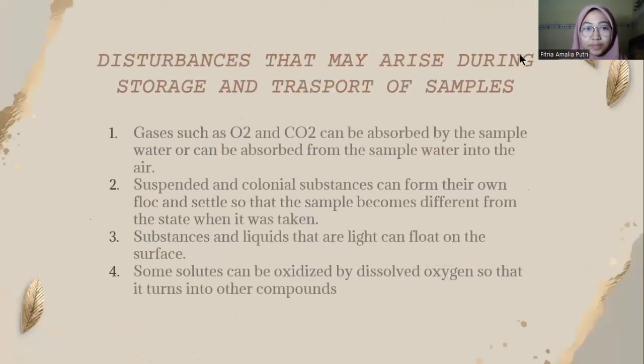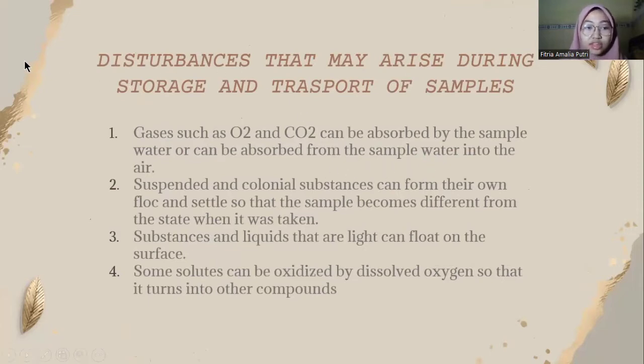This is the disturbance that may arise during storage and transport of samples. First, gases such as O2 and CO2 can be absorbed by the sample water or can escape from the sample water into the air.